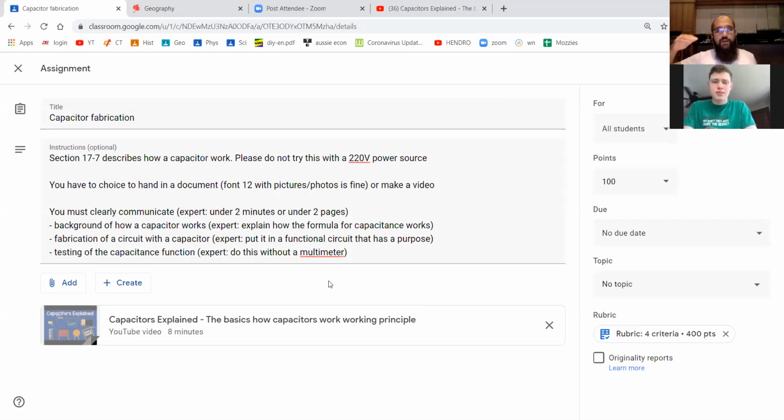Is that AC and DC? Yes. Capacitors can make AC look like DC. Okay, so basically you use capacitors for any sort of charging of any devices. Yes, your phones, your computer power converters and all that. Most of that they will have a capacitor in there somewhere.